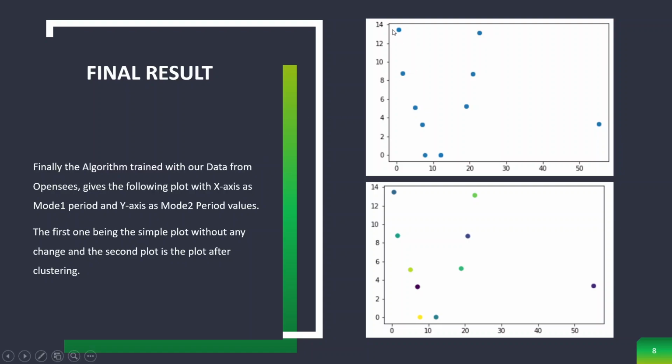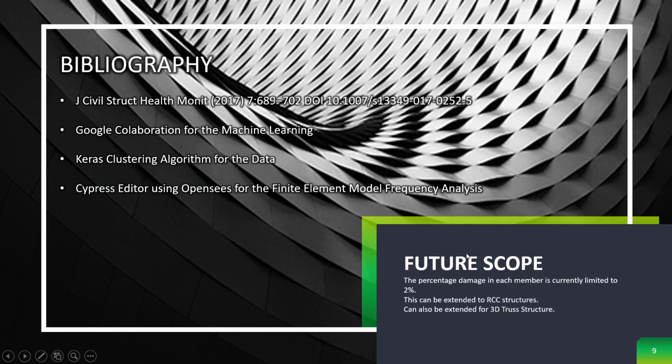So these are the final results that we got. This one is before being clustered, this is after being clustered. Some of the future scope is that this can be extended to RCC structures. I have taken just a 2D truss structure, but this can also be extended to a 3D truss structure.